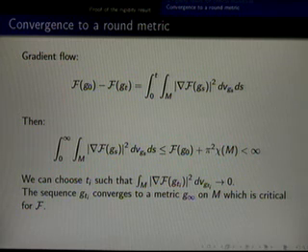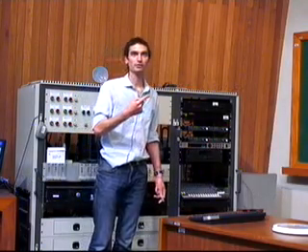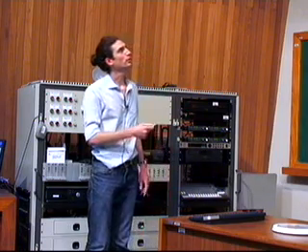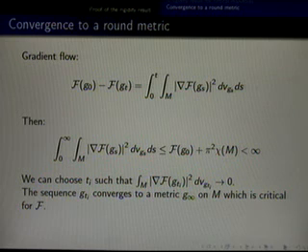It has a Yamabe invariant bounded from below by a positive constant, so it won't collapse. And with your estimates, it has bounded C^k norm of the curvature. So you can pass to the limit for this g_{t_i}, and as this goes to 0, the limit manifold will be critical for your functional.